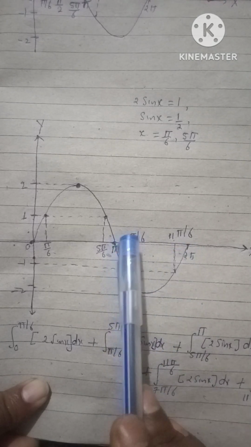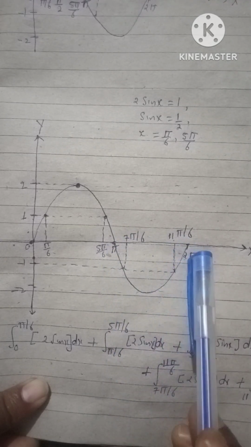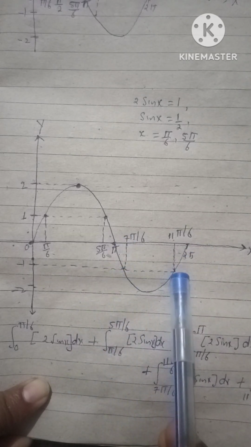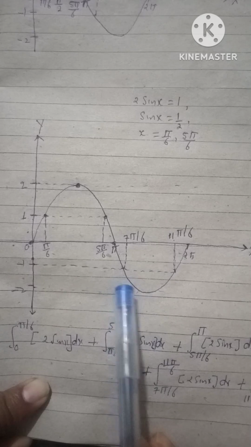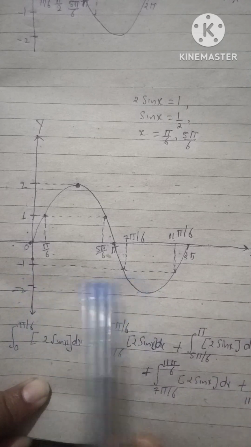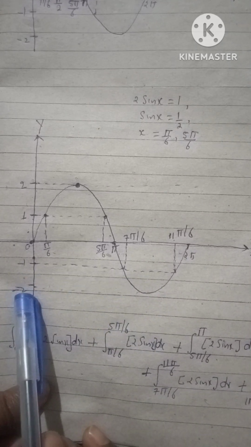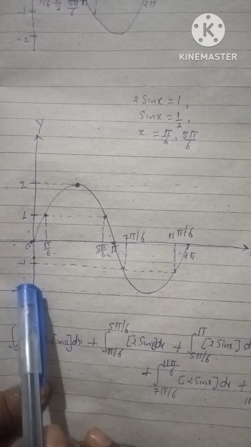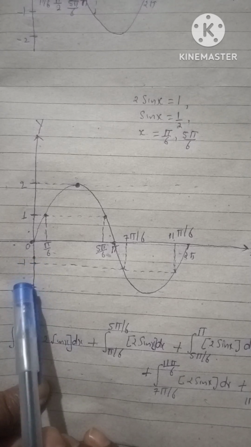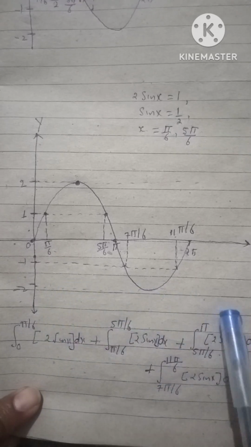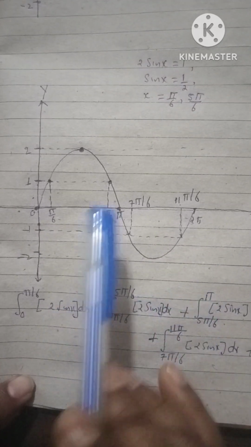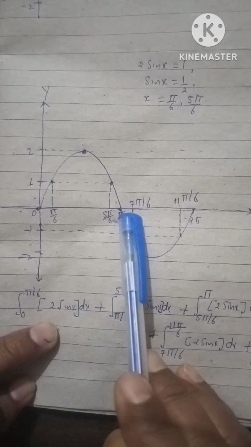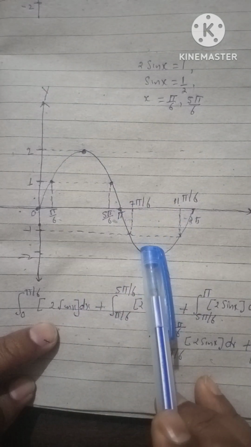Also this area, from 11 pi by 6 to 2 pi, will be minus 1, and from 7 pi by 6 to 11 pi by 6, the greatest integer of 2 sin x is equal to minus 2. You know that if the values are between minus 2 and minus 1, the greatest integer is minus 2. Okay, so we have 6 integrations.